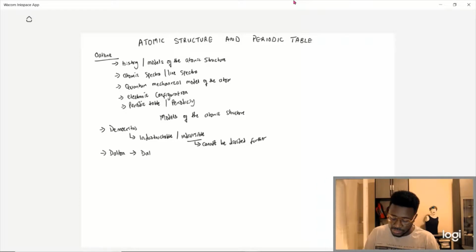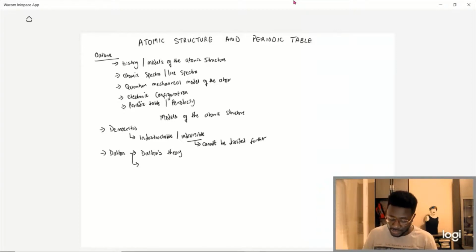Dalton gave Dalton's theory. Basically Dalton's theory was a model from the collection of the scientific knowledge at that time. So his model of the atom was similar to that of Democritus.